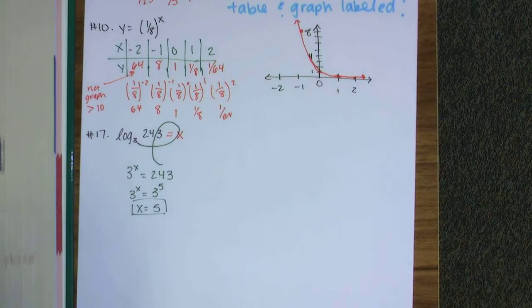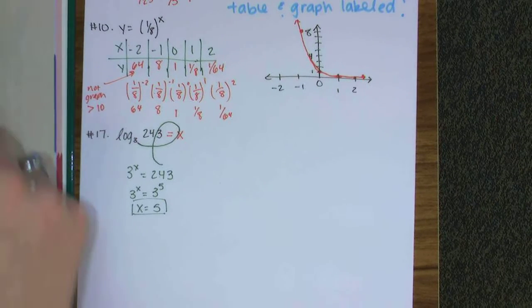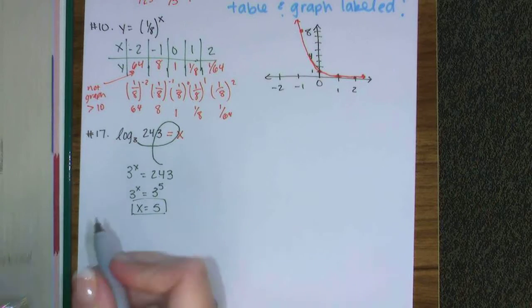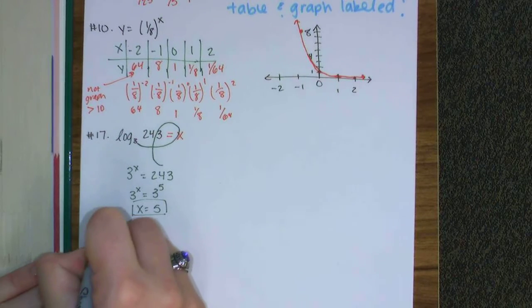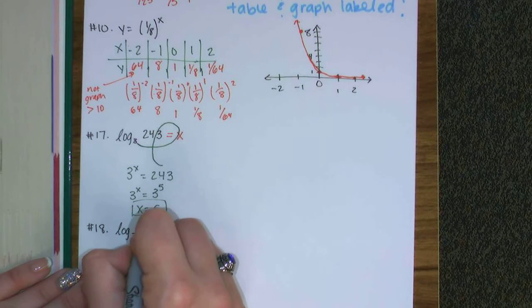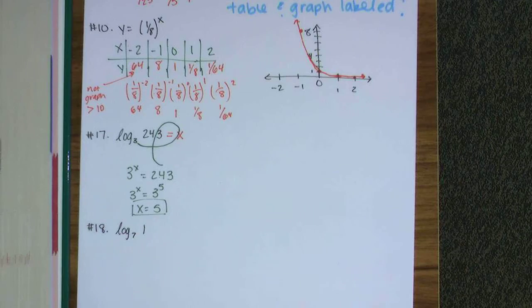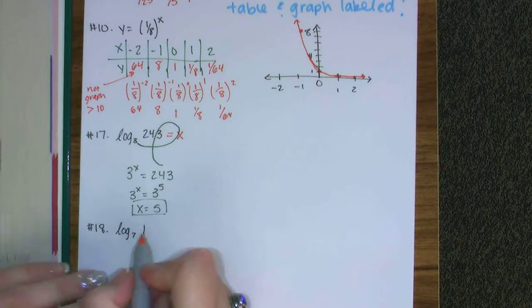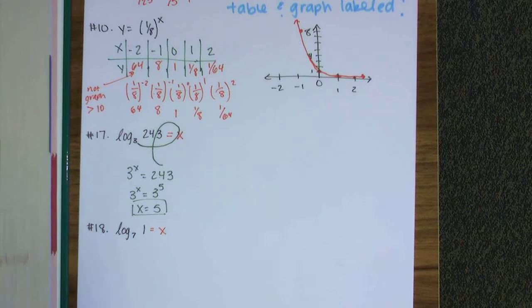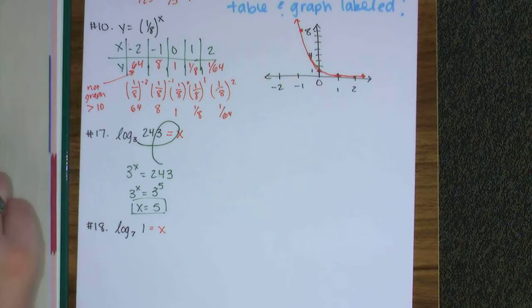Okay, let's see, 18. We have log base 7 of 1. So we set it up equal to x. Now, this is a property, so you could just immediately say, wait a minute, we don't need to do this.